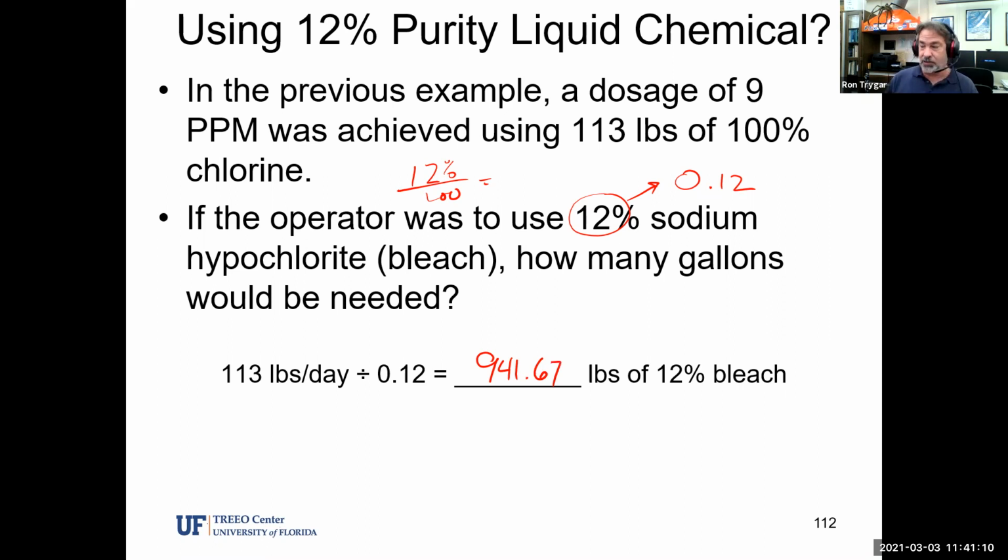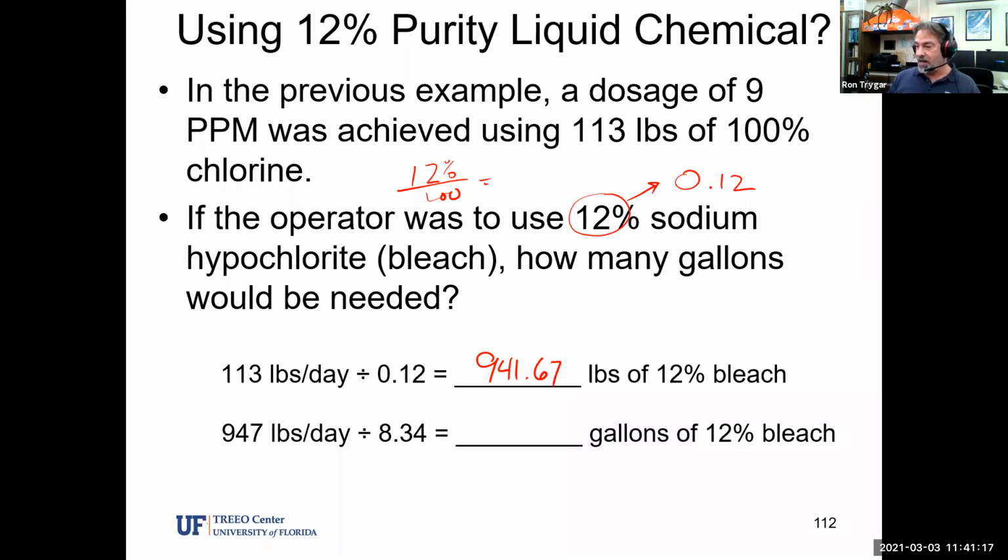Now this is pounds, not gallons, and we're trying to figure out gallons. So we're going to take the 900 and round it off a little bit. This is actually going to be 942 pounds of chemical per day, rounded. So 942 divided by 8.34.